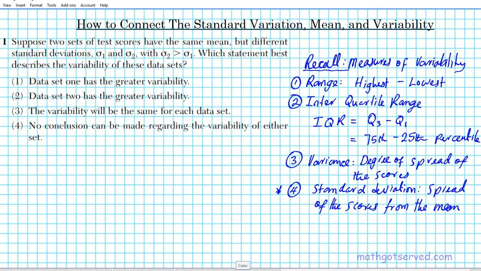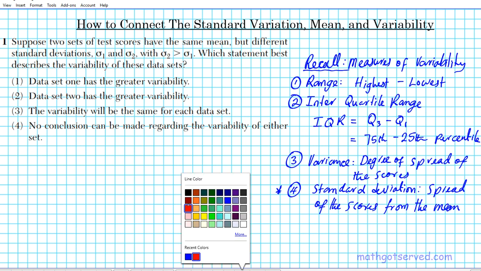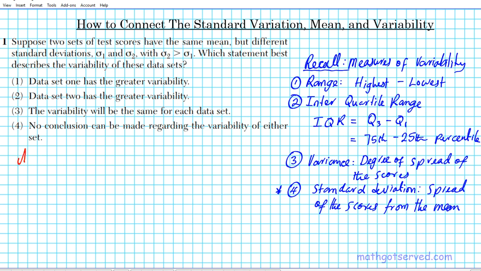Another point to keep in mind, something to note, is the relationship between the standard deviation and the magnitude of the variability. Concerning the standard deviation, one of the 4 measures of variability that we have, and the variability of the data set, one thing you want to note is that there is a direct variation between these two.